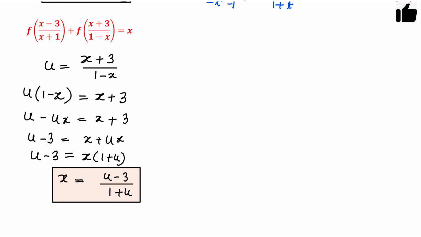So now calculate the value of this term in terms of u, because this term we don't know in terms of u. My target is to calculate this term (x minus 3)/(x plus 1) in terms of u. So in the numerator you will have x minus 3, and x is nothing but (u minus 3)/(1 plus u), minus 3.